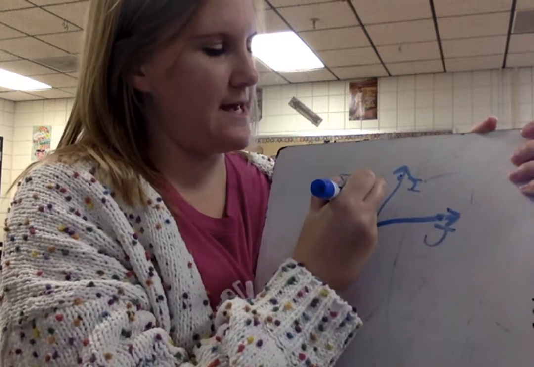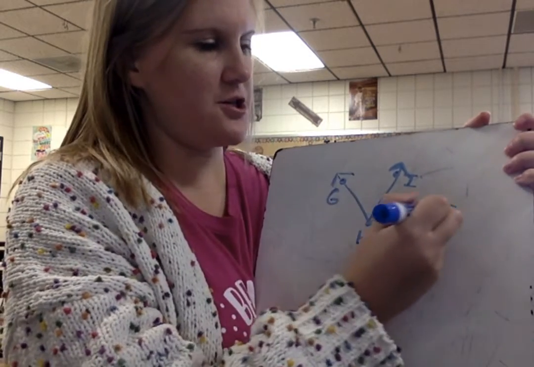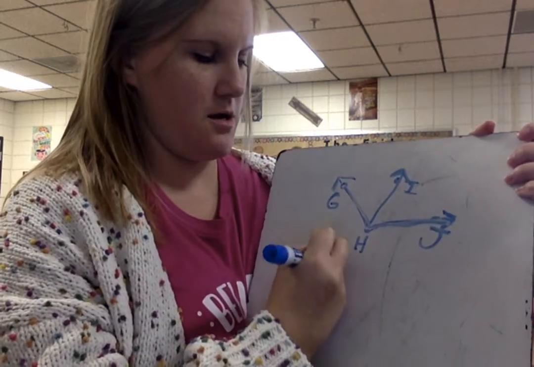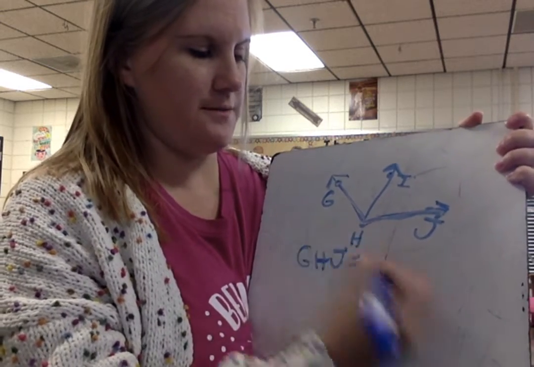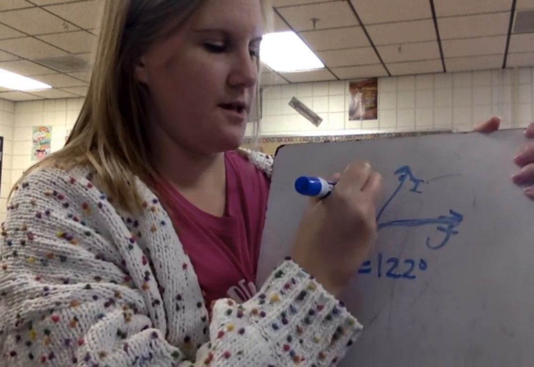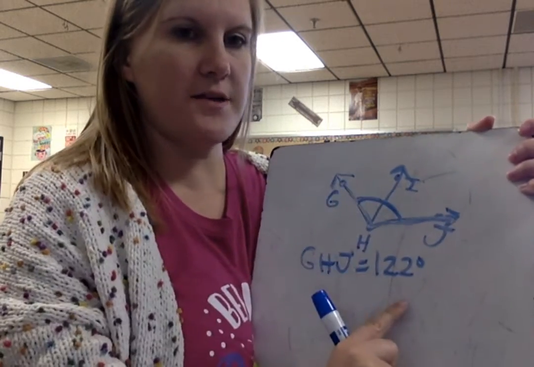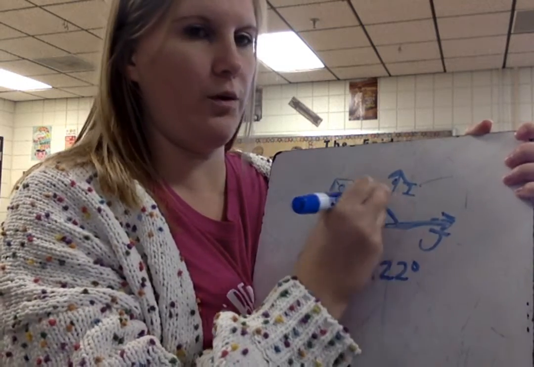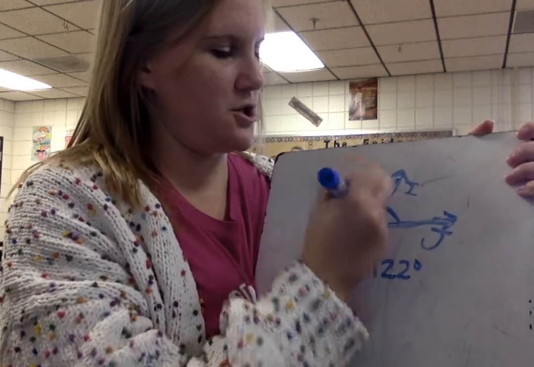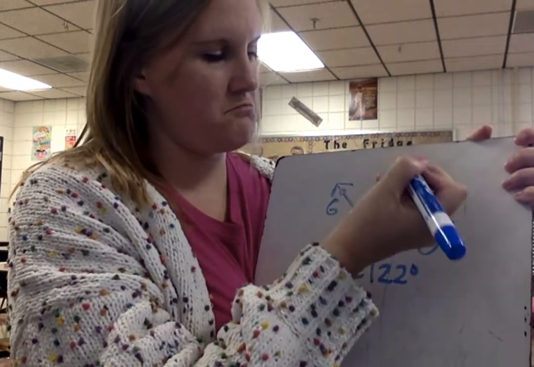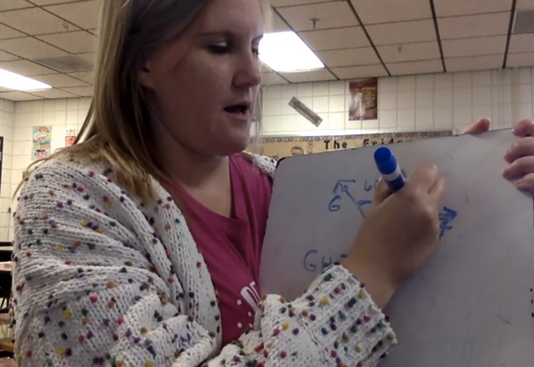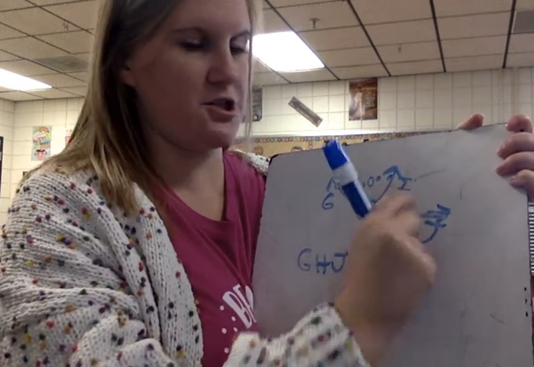And this time it says, hey, GHJ, this whole angle right here, GHJ measures 122. So it's telling you this whole thing measures 122 degrees. This whole thing. And then GHI measures 60 degrees. How much does IHJ measure?